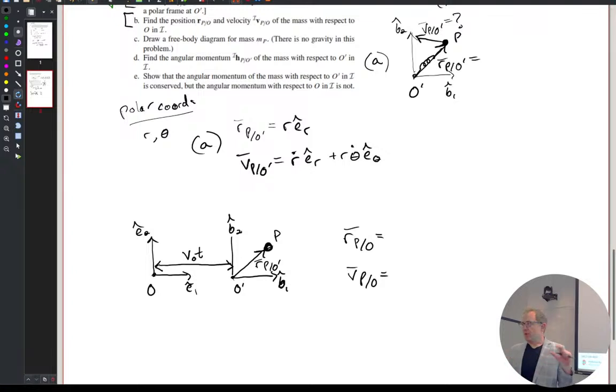I redrew the parts I think are important for position and velocity with respect to O. Now we're thinking about someone standing still watching this thing fly by. How do they describe position and velocity?